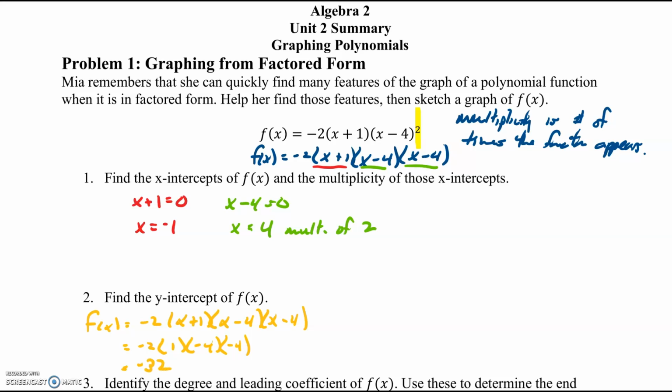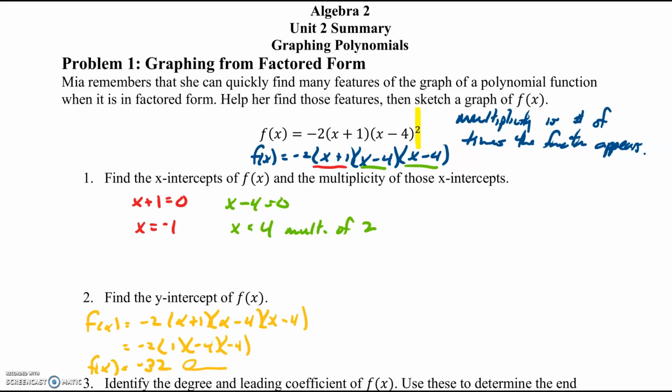Negative 2 times 1 is negative 2. Negative 2 times negative 4 is positive 8. And then positive 8 times negative 4 is in fact negative 32. So my y-intercept is at negative 32.